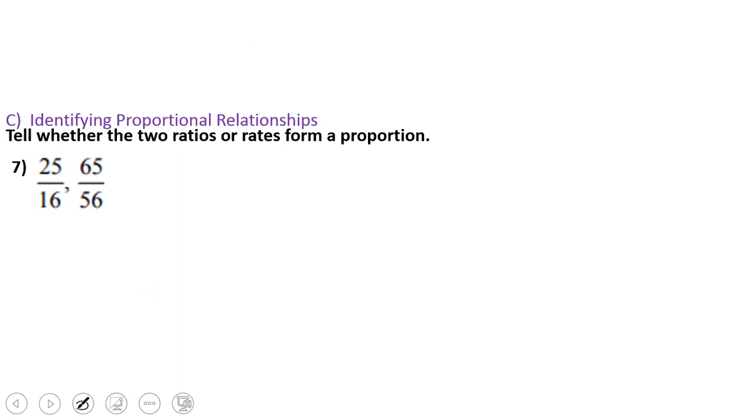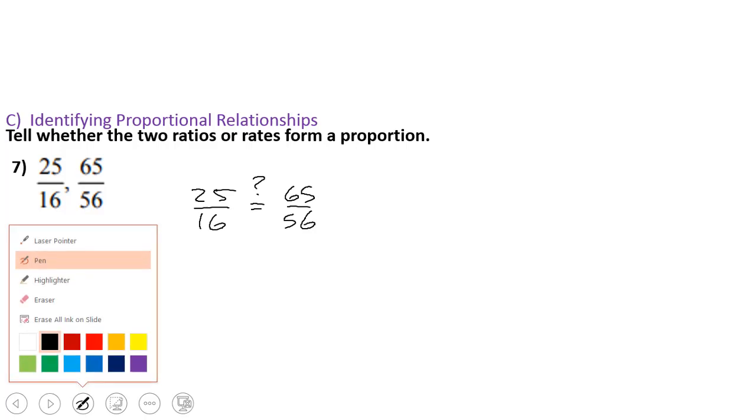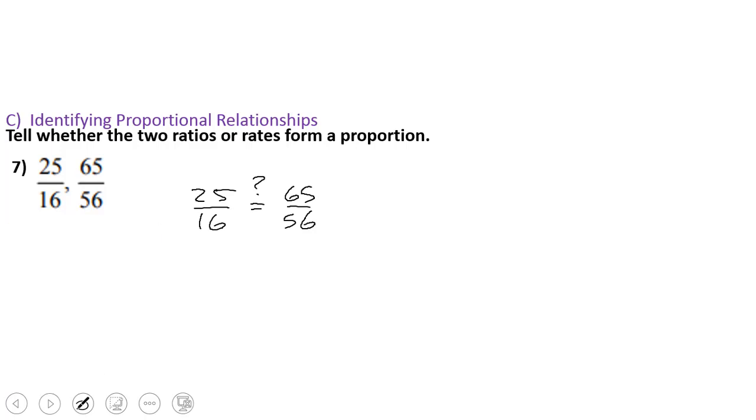It says, tell whether the two ratios or rates form a proportion. So we're just going to go right into it. When you write these in your paper, when you're doing your practice, you can just go 25 over 16. Does that equal 65 over 56? And then you're going to use your cross products. I'm going to use the same color on both of these this time. I'm going to make my big X and say 16 times 65.